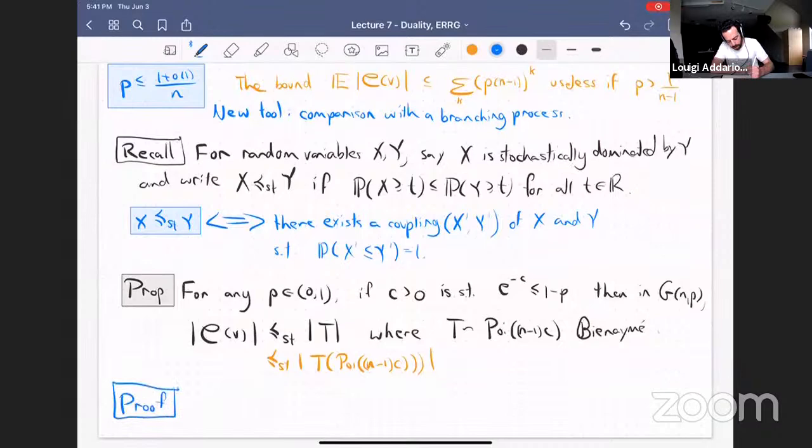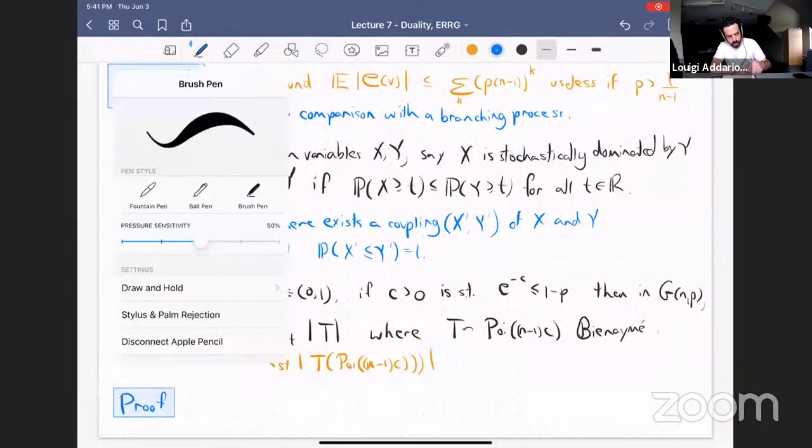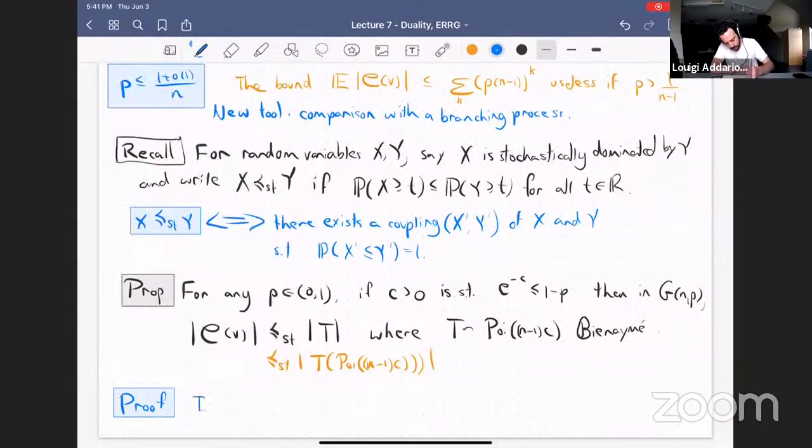Okay. So we'll prove this by induction on n, the size of the graph. So if n is 1, then it's obvious.